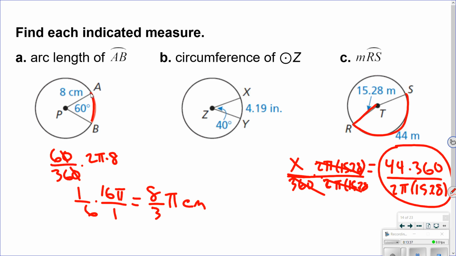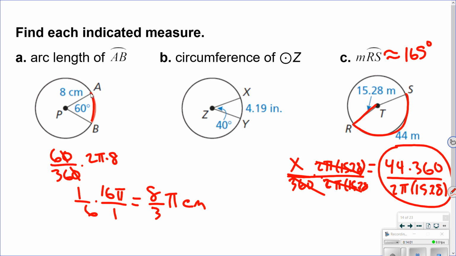Otherwise, it will go 44 times 360 divided by 2, find the answer, and then times the answer by pi. We don't want to do that. Okay, we plug that in a calculator, and if we round it to the nearest tenth, it comes out to approximately 165 degrees.